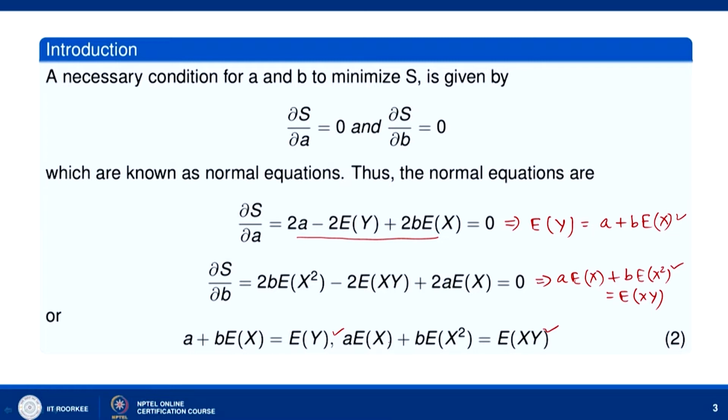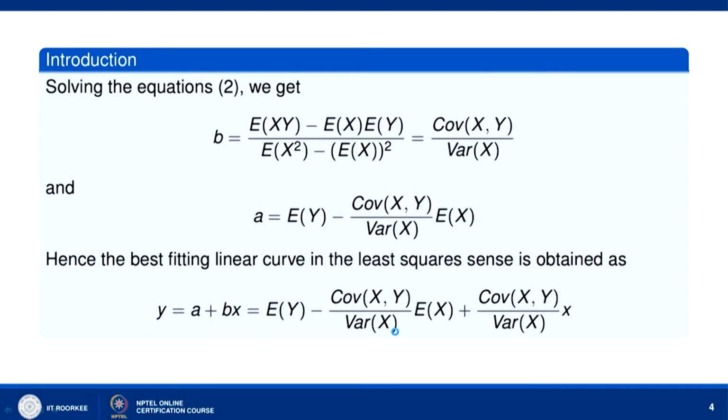So, there are two equations connecting the two unknown values a and b. They are linear equations in a and b, so we can solve them for the values of a and b, and when we solve them we get b equal to (E[xy] minus E[x] E[y]) upon (E[x square] minus (E[x]) whole square). Now, E[xy] minus E[x]E[y] gives us the covariance of the random variables x and y.